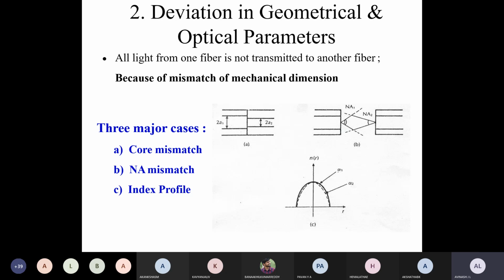So please take the heading: second major category of loss mechanism, deviation in geometrical and optical parameters.